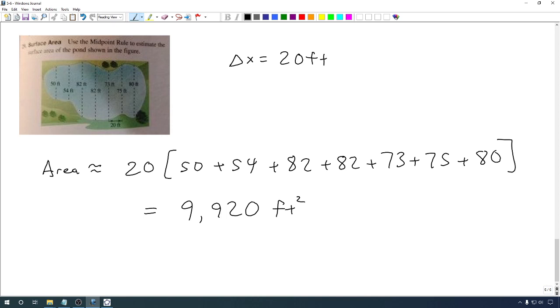And actually we'd be finding the area between two curves in this situation. So we'd have to know what the functions are for both the top and the bottom of the pond, and we're not going to be able to find that. In real world situations, being able to do all this numerical integration, what we call it, is incredibly important.